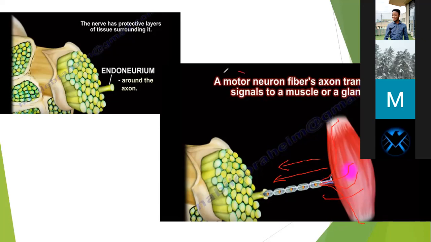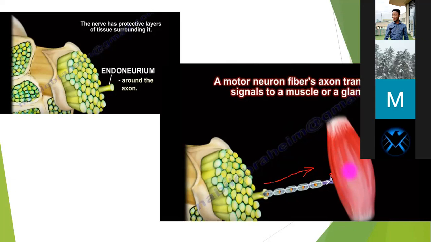But in this case, you've been told this is a motor neuron. It means that it is innervating the muscle. So the direction of conduction is towards the muscle. And what you have here is a neuromuscular junction because it has a nerve terminal which ends up in the muscle.